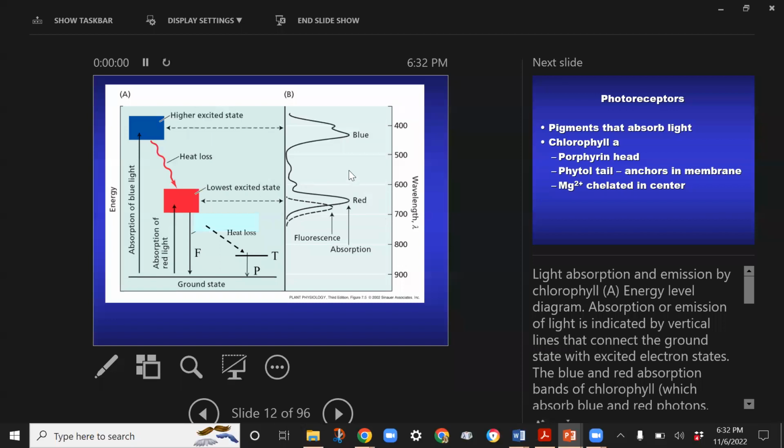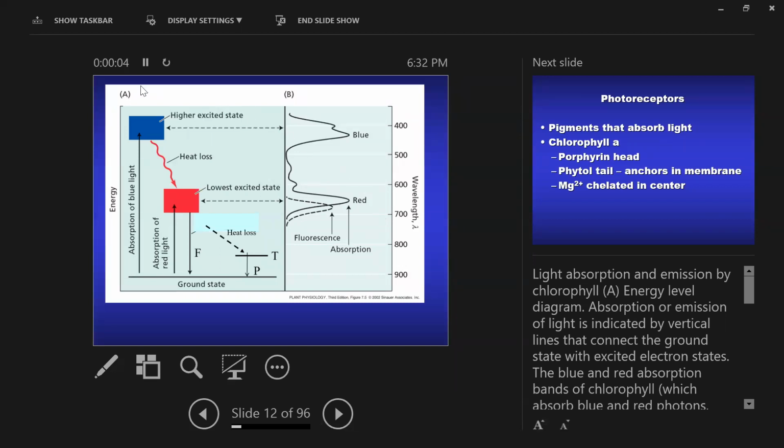Red and blue really is what I'm looking for, that you understand, and you don't have to memorize exactly what wavelengths those are. This diagram here is one of the concepts on this that would be good to make note of: when the chlorophyll pigments absorb blue light, it actually excites them more than if they absorb red light.